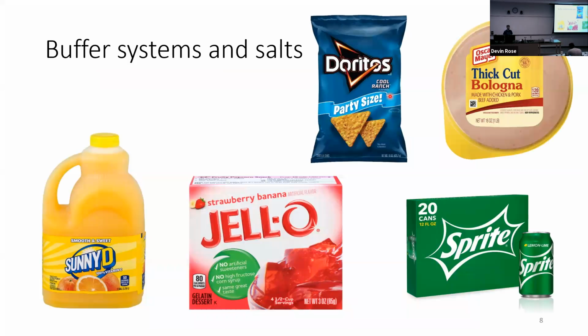So here's some more foods. We have several that are containing buffering systems. So Doritos, these are Cool Ranch Doritos. So I'm talking about the flavoring on the outside of the Dorito.